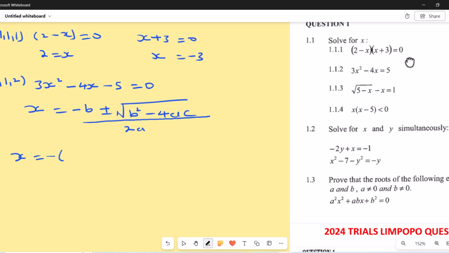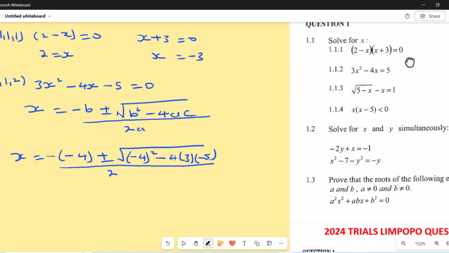We say negative, open bracket, negative 4, close bracket, plus or minus the square root of negative 4 in brackets squared, minus 4ac, whereby our a is 3 and the c is negative 5, then divided by 2a, where our a is 3.